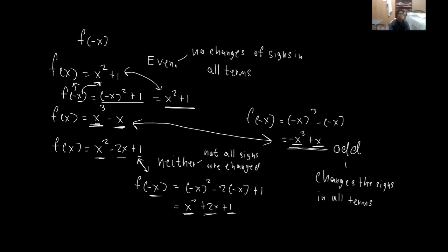That's why here, even, no change of signs in all terms. So compare the signs from the original to the new working function. Odd if all of the signs are changed. And here, neither, not all. Okay, not all.